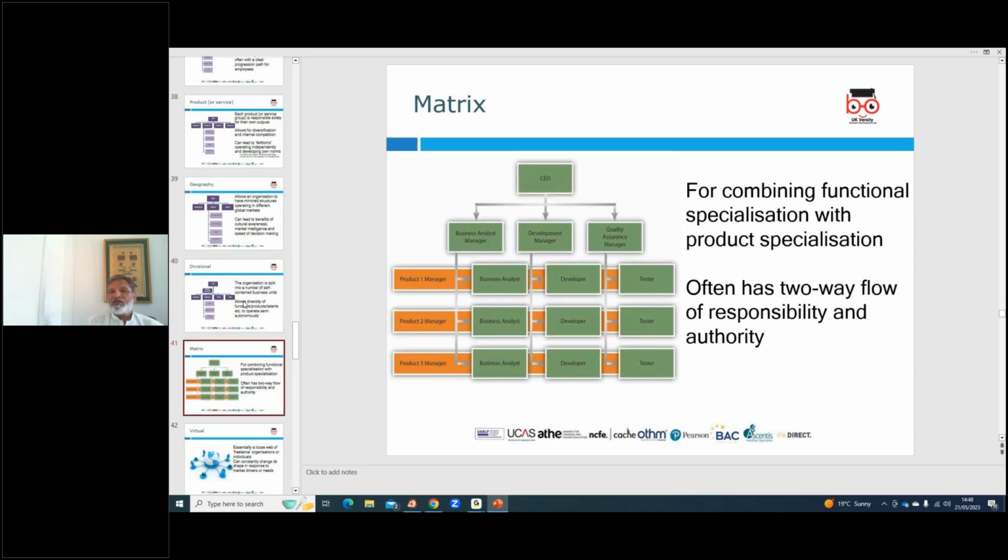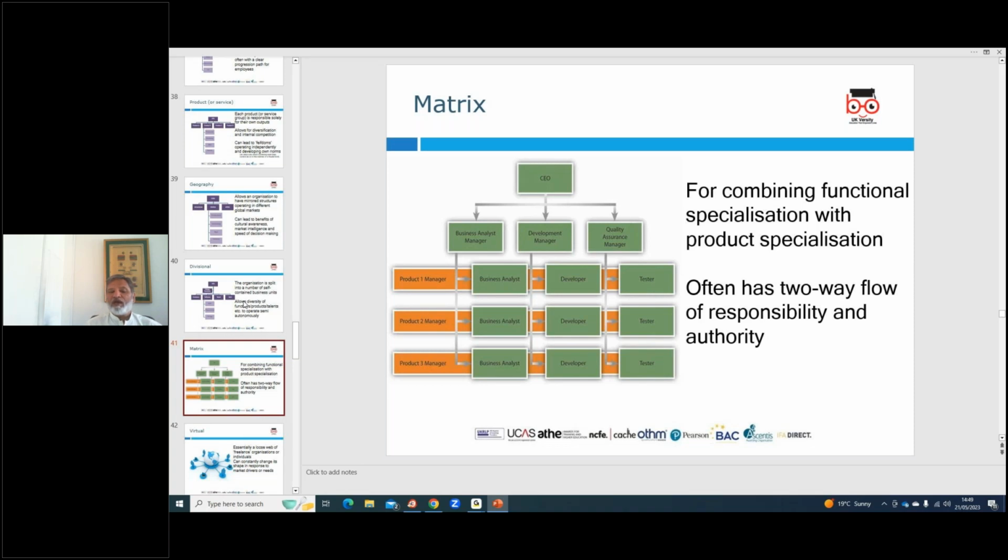Then we come to look at the matrix organization, okay, where it is based on specialism, specialist function, along with product specialization. And there's a lot of communication. People have overlapping duties. There's a lot of responsibilities. One manager may have a responsibility for another department.